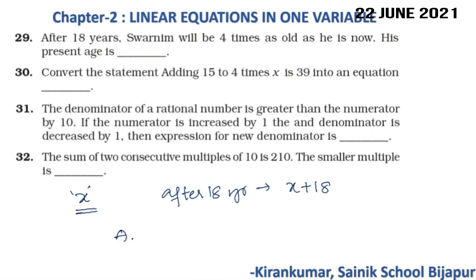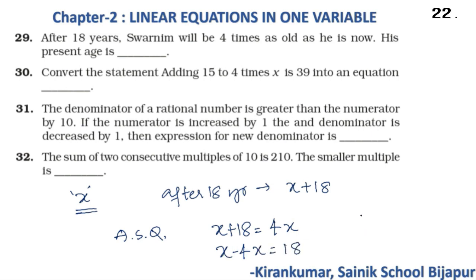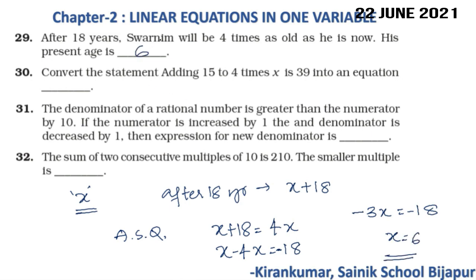According to the question, we have x plus 18 equal to 4 times his present age. So x minus 4x is equal to negative 18. I made a mistake, this is negative 18. So negative 3x is equal to negative 18. We get the value of x as 6. So the present age of Swarnim is 6 years.